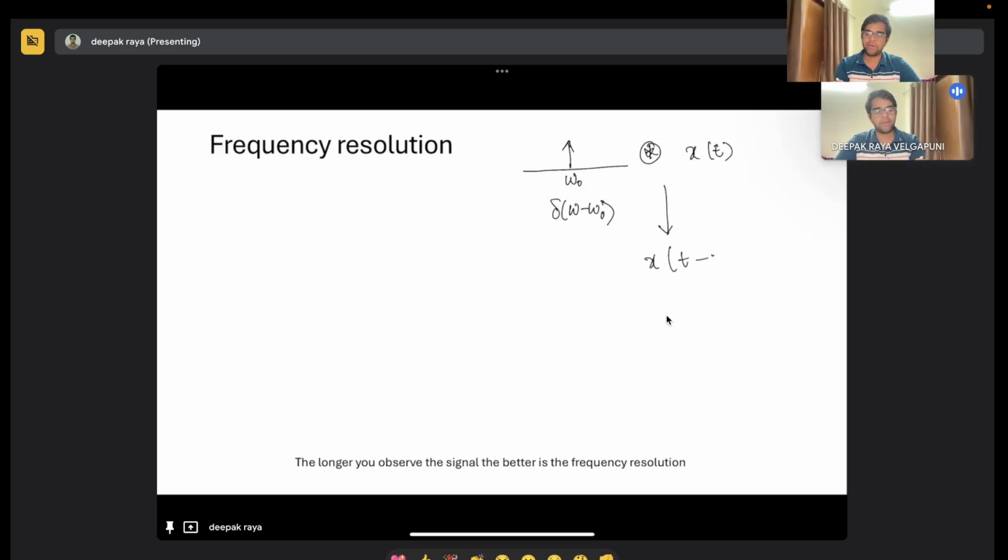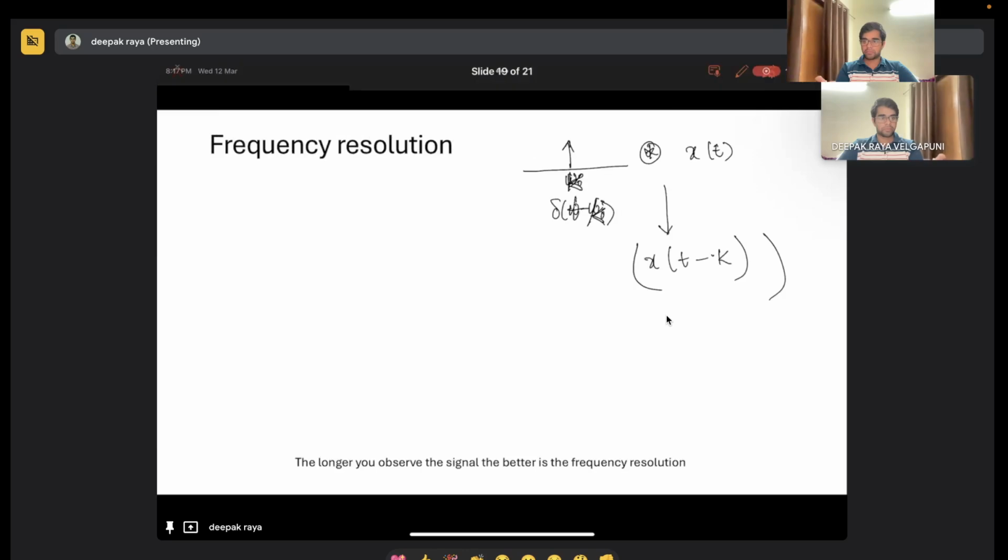With some shift k, you get x of t minus k. You'll end up with the signal at that position where the impulse is. Okay, I thought it would be multiplied.